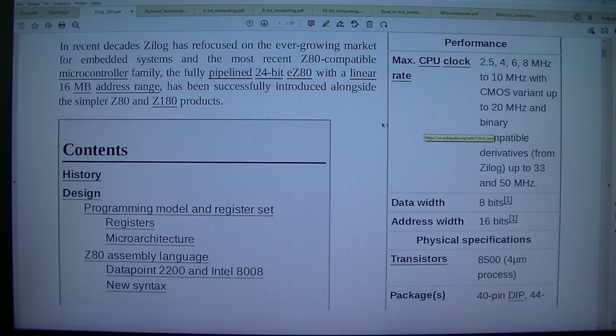Performance: max CPU clock rate 2.5 to 10 MHz, with CMOS variants up to 20 MHz and binary compatible derivatives from Zilog up to 33 and 50 MHz.